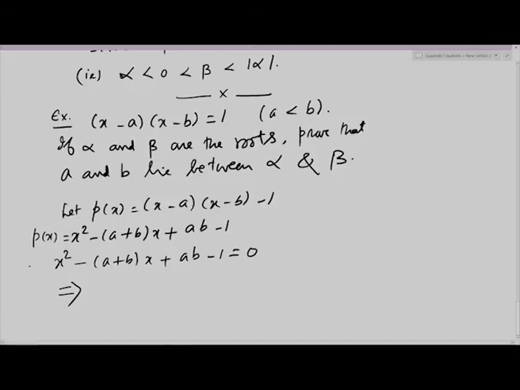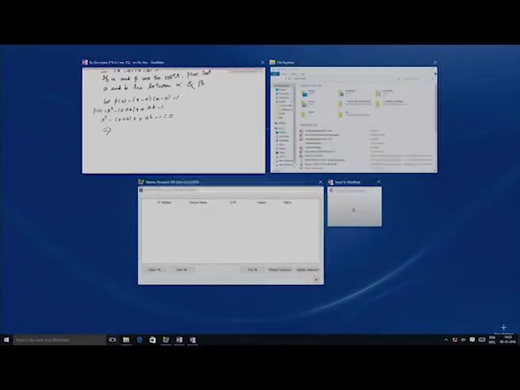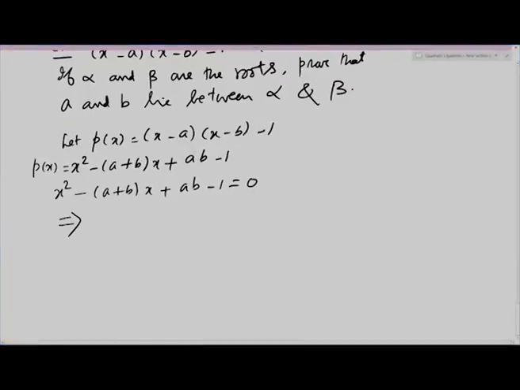If I consider this quadratic equation and look at the discriminant, b square minus 4ac, D becomes (a − b) whole square plus 4, which is always greater than 0, and also the coefficient of x square is equal to 1, which is greater than 0.